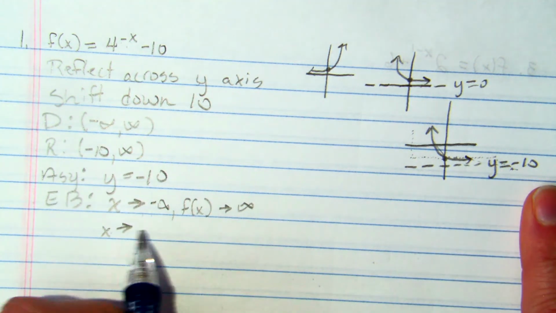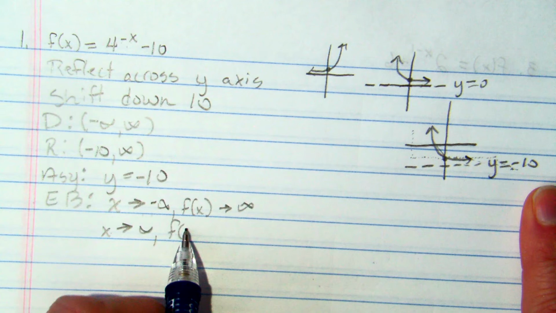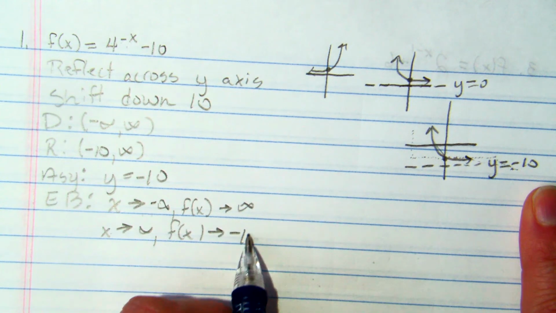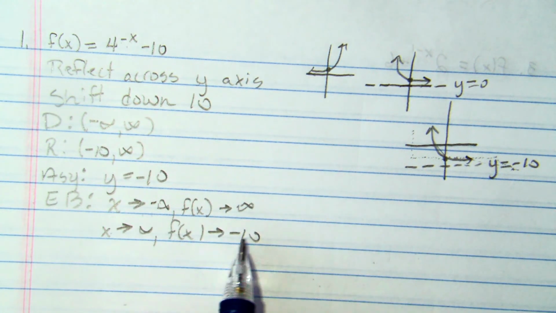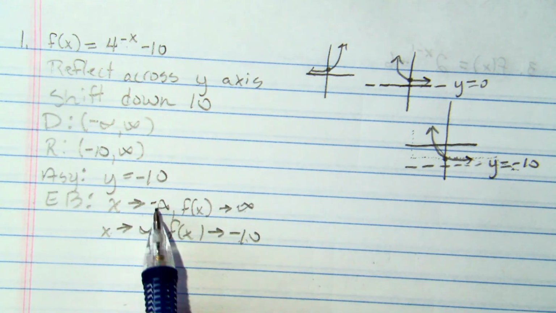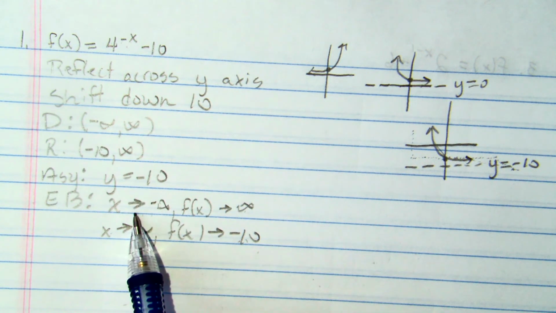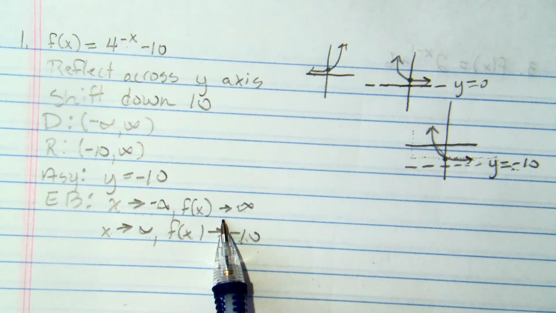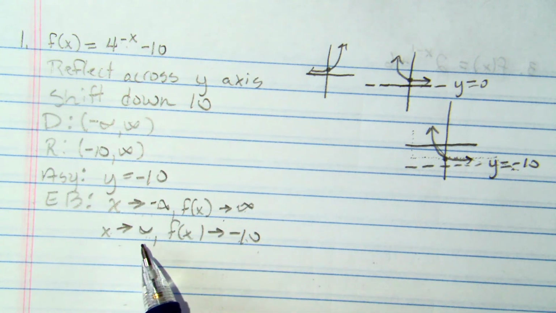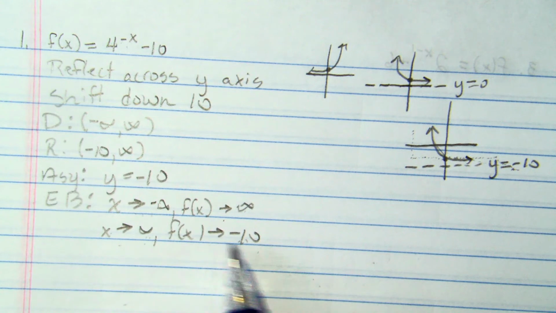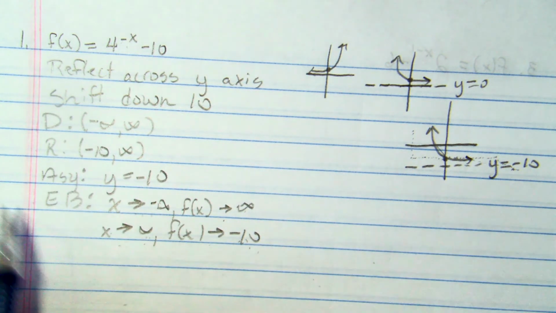So as x is approaching positive infinity, f of x approaches my asymptote. Remember, one of these 4 numbers right here has to be your asymptote. So as x approaches negative infinity, f of x approaches positive infinity. As x approaches positive infinity, f of x approaches negative 10. And this graph is decreasing.